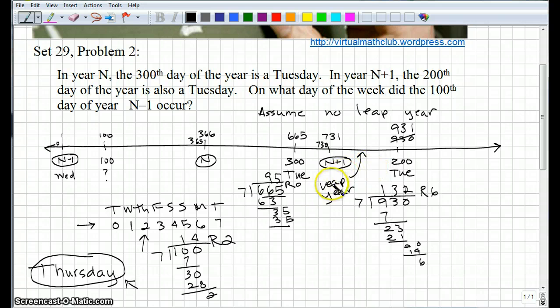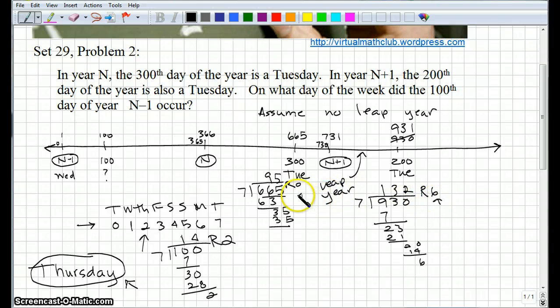And then just keep in mind that the days of the week cycle every 7 days. So then we can look at the remainders and tell where we are in the week when we divide the days by 7. And we took into account the leap year here too. We found out that these seem to be inconsistent, so we needed an extra day in there to make them consistent, so they had the same remainders.